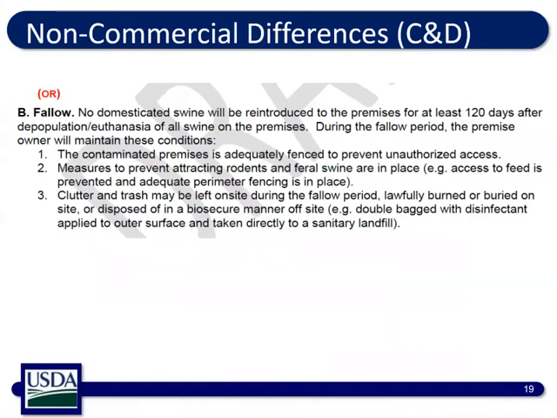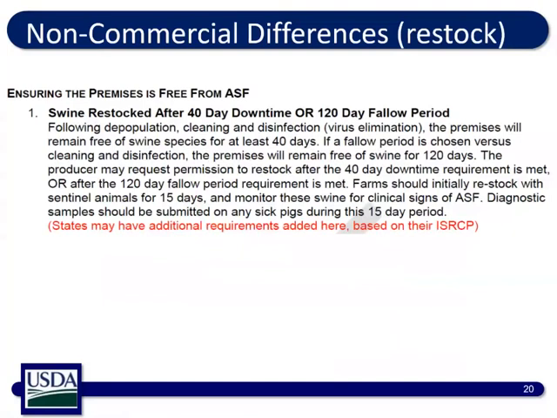We talked a little bit about adequate fencing, especially if you're in a state with feral swine. Vector control would be a part of that as well. So we tried to come up with an alternate plan for outdoor raised swine and farms where you couldn't necessarily do a cleaning and disinfection. And again, the difference in the non-commercial plan is the 120-day fallow period for restock requirements, followed by a sentinel animal period.